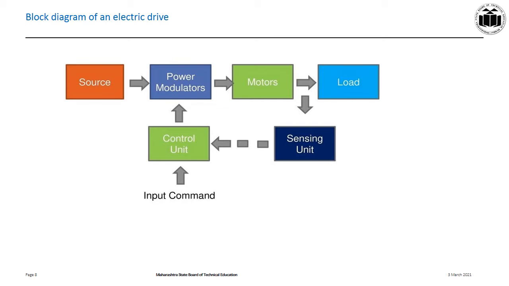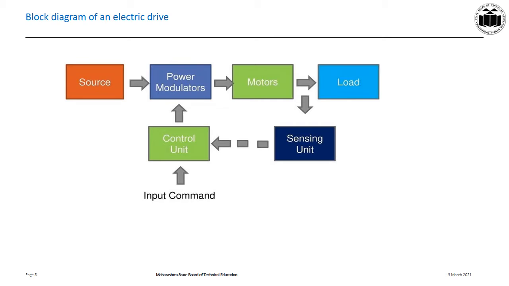In the diagram we can see that the motor is coupled to the load through a suitable coupling. The motor parameters and the load parameters are sensed by the appropriate sensor. The function of the sensor unit is to produce an output signal proportional to these parameters and give it to the control unit.